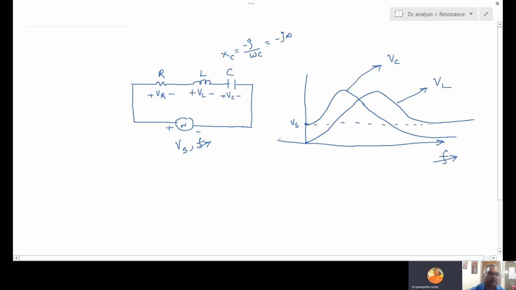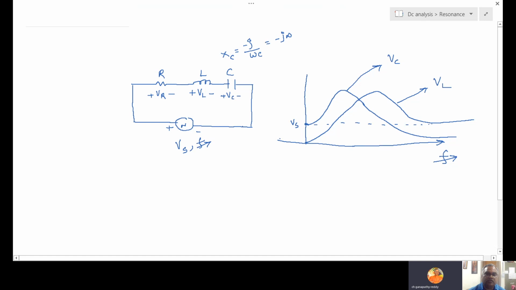At infinite frequency, the inductor is open. The voltage across this open is Vs. So VL behavior starts from zero, goes to maximum, again comes to Vs. The behavior of VC starts from Vs, goes to maximum, again comes down to zero.